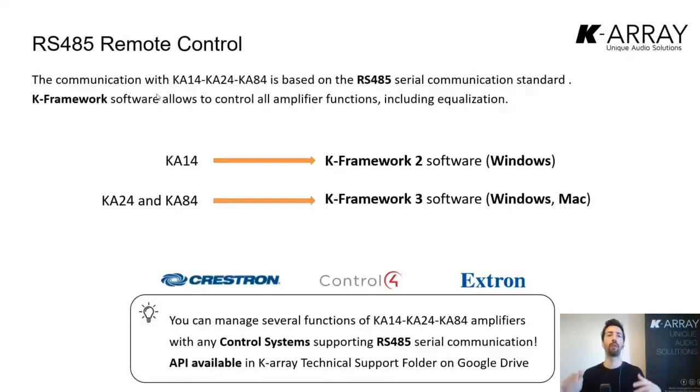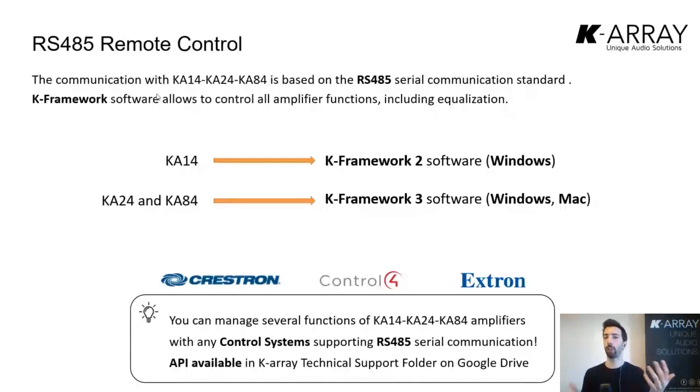It's available for Windows and Mac, and as I'll show you, it's really powerful. You can do complex groups and you can do advanced equalization, etc. But K-Framework 2, at the moment, is compatible with KA24 and 84 only.